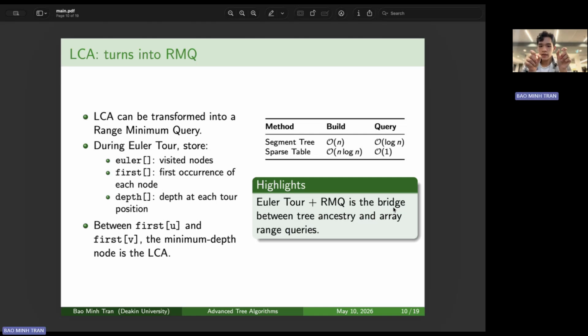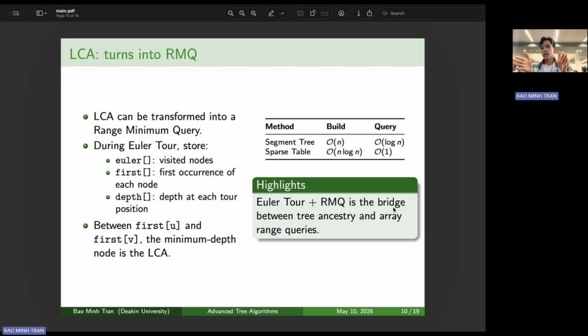In the Euler tour, as I said before, the ancestor must be covered between the two nodes. So if we use the first occurrence of each of the two nodes, then at some point the Euler tour will go back to the ancestor.